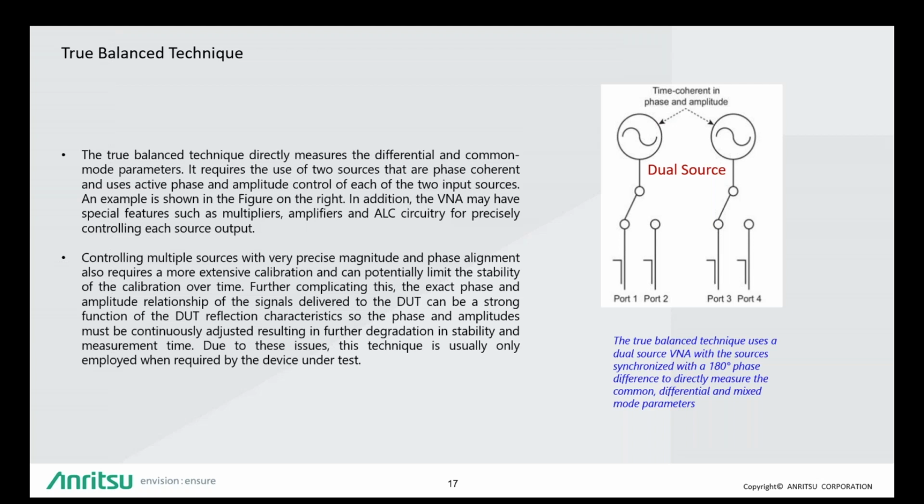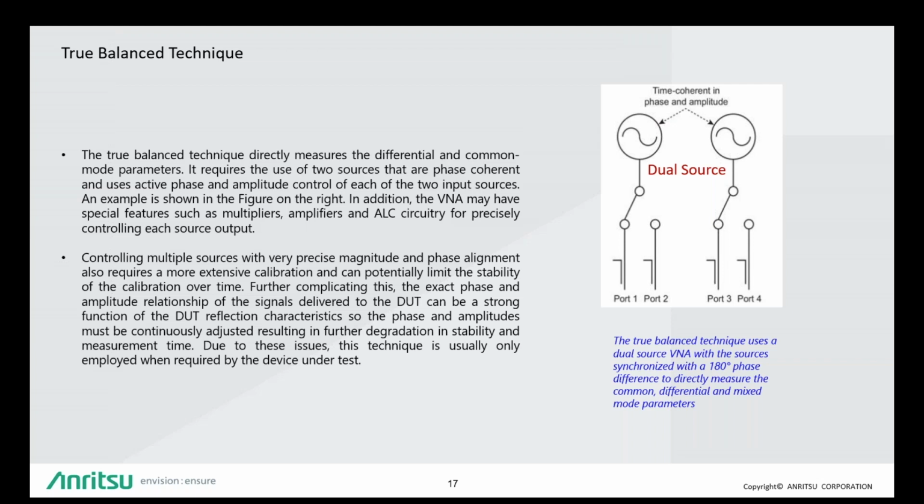So these two sources are phase coherent, and this technique uses active phase and amplitude control of each of the two input sources. Now you need very precise calibration for this sort of technique, and the reason being, you're controlling multiple sources with precise magnitude and phase alignment.